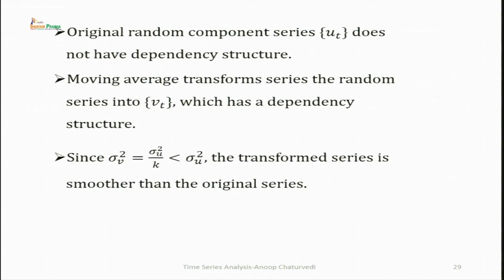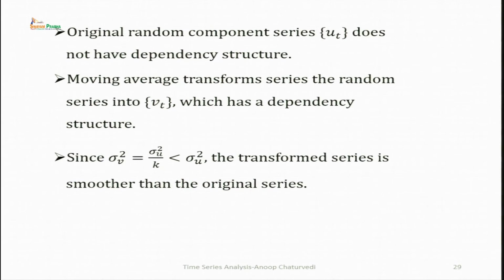So, you know that the original random component series u t does not have any dependency structure. We already assumed that u t's are identically independently distributed.